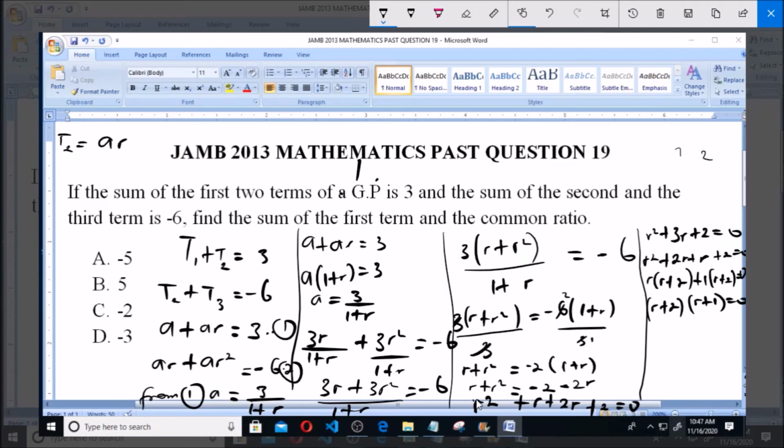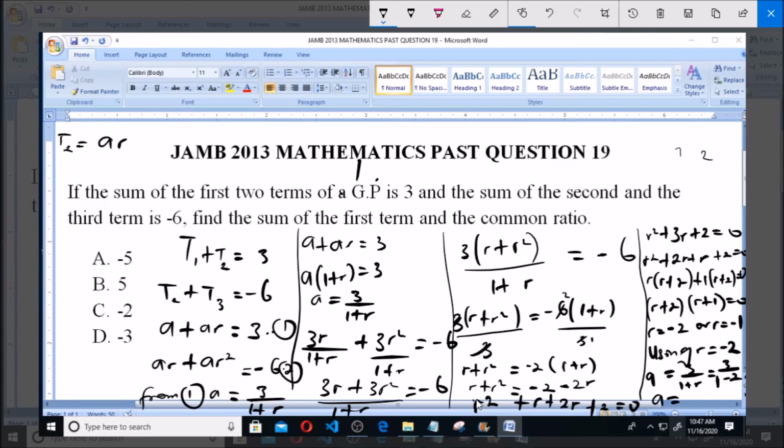Now from this we can say R is equal to minus 2 or R is equal to minus 1. Now using R is equal to minus 2, we have that A is equal to 3 all over 1 plus R. That is equal to 3 over 1 plus minus 2, that will give us 1 minus 2.